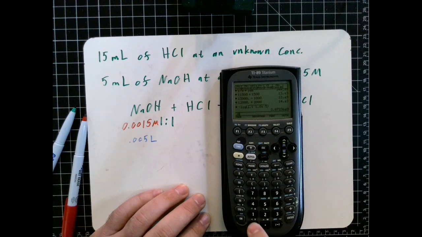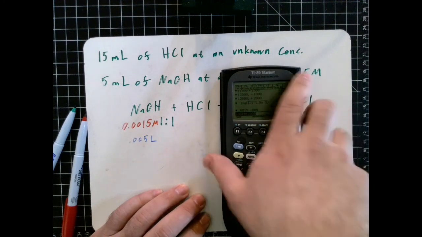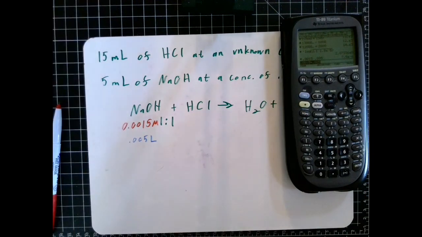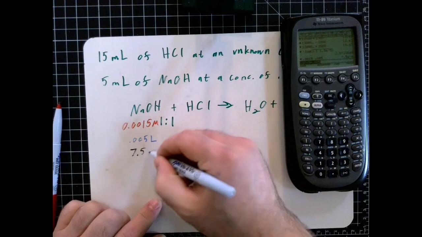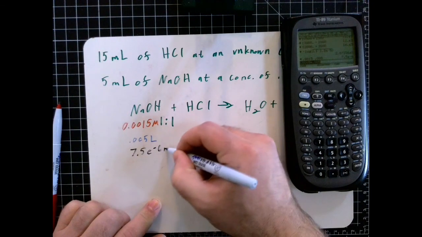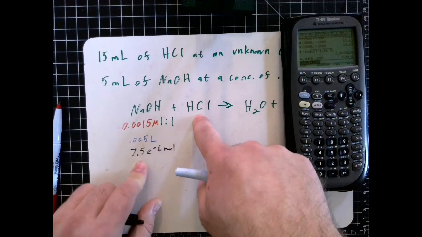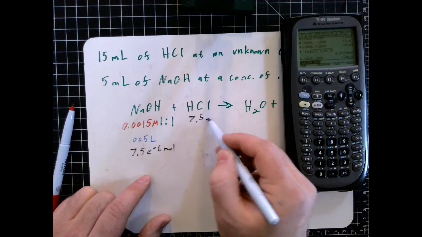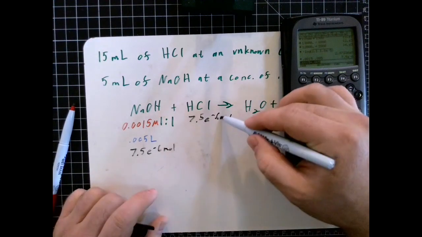So it's 0.0015 times 0.005, which is 7.5 e to the negative 6 moles. And because this is 1-to-1, that's the number of moles of HCl that I had. So it would be 7.5 e to the negative 6 moles.